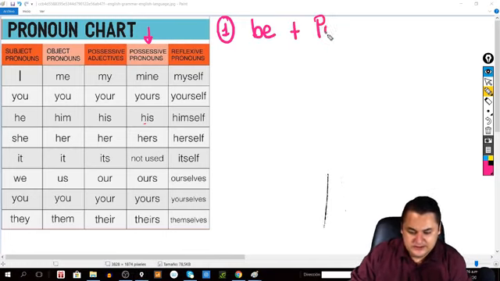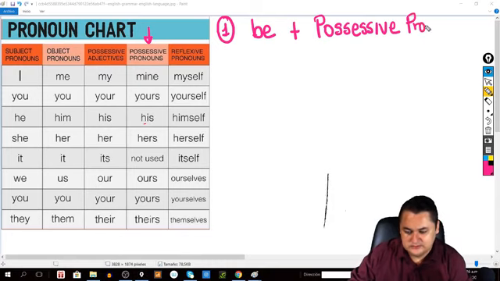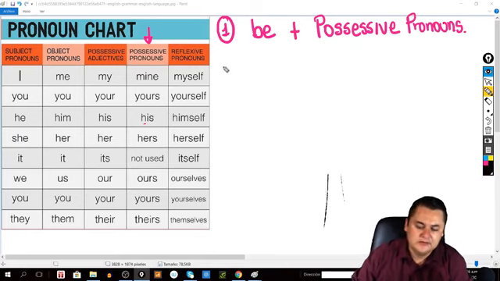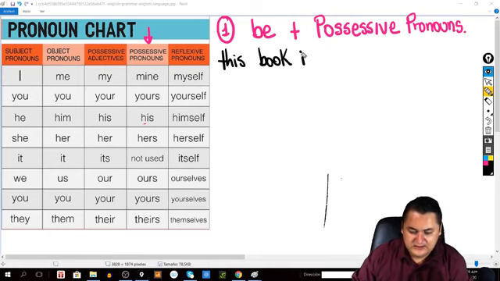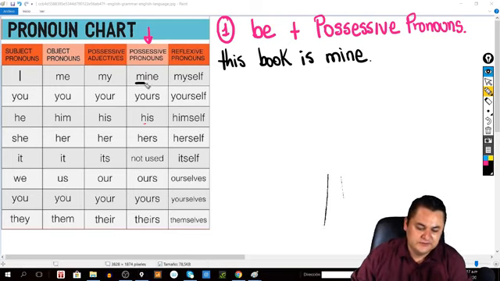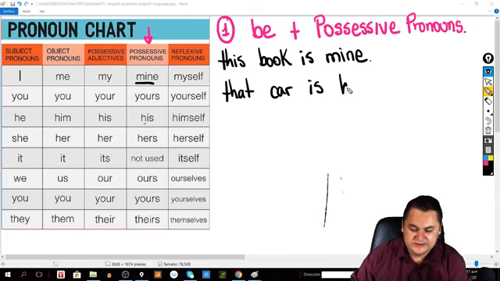So we can say be plus possessive pronouns. Example: this book is mine. I'm using the first possessive pronoun. That car is hers.